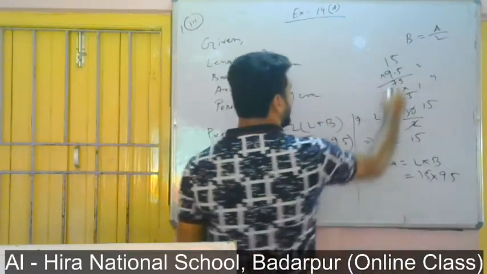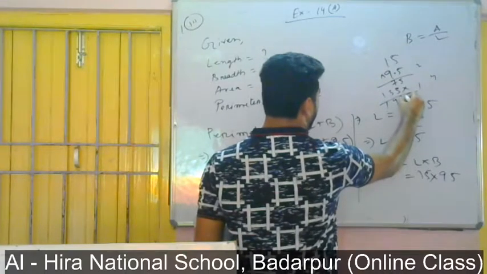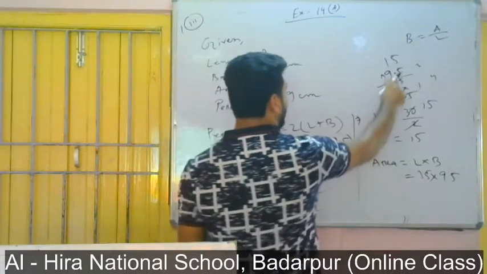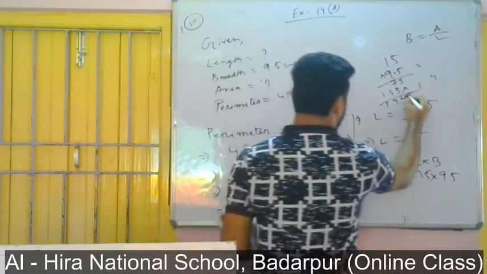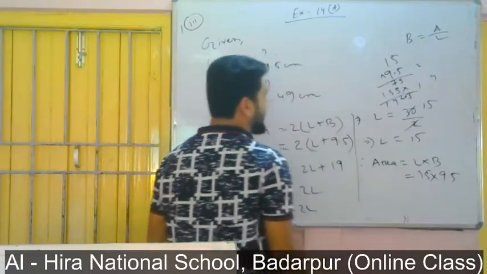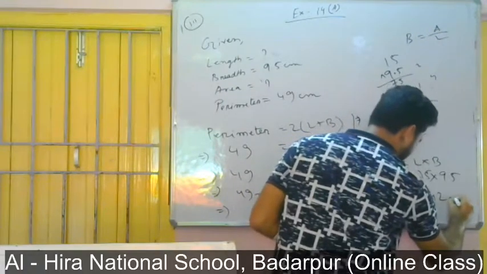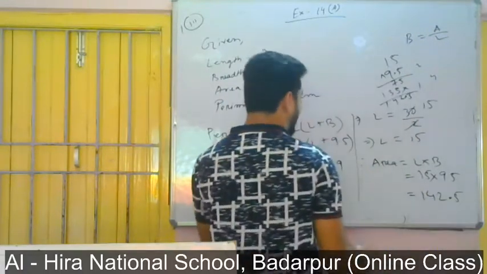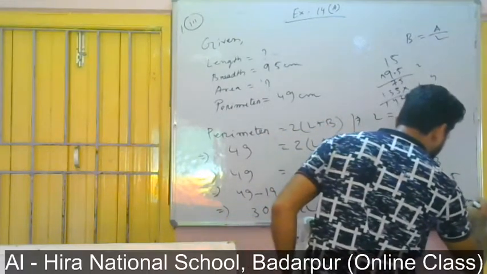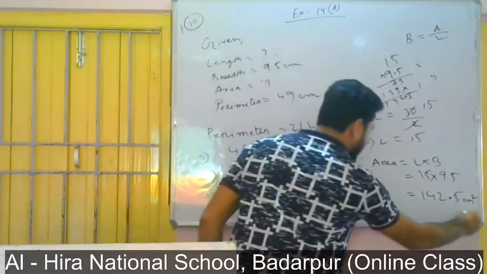There is one decimal digit, so we put the point after 1 digit: 142.5. We will write the square unit: centimeter square. If you don't write square, it will be wrong. That is the answer.